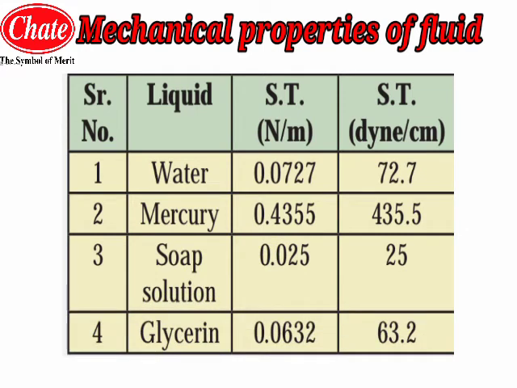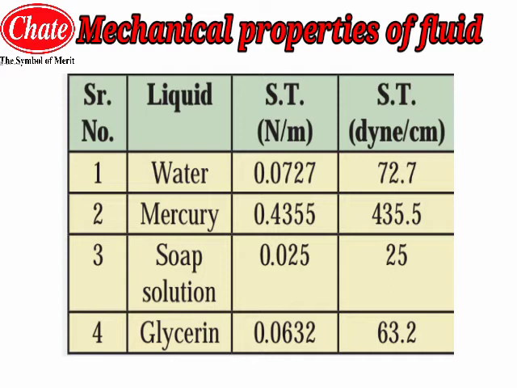Now we will see the different values of surface tension for different substances or different types of fluids. The first one is water. The surface tension for water in Newton per meter is 0.0727, and in dyne it is 72.7 dyne per centimeter.